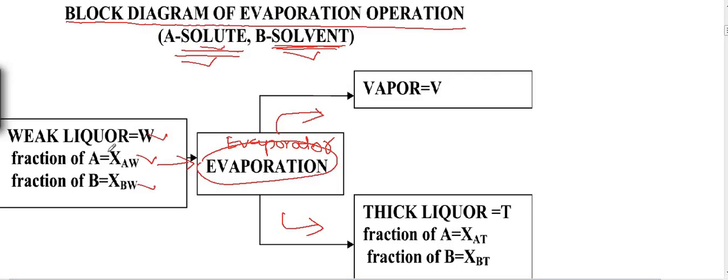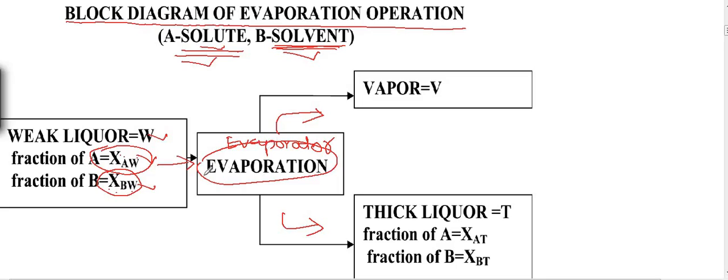So xAW means the fraction of solute in weak liquor, and xBW means the fraction of solvent in weak liquor. That is given to the evaporator.